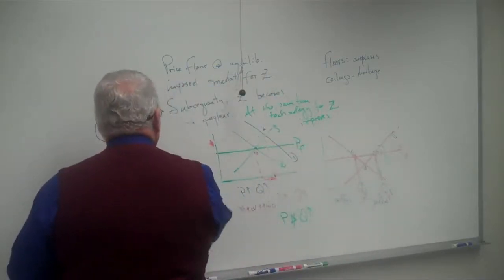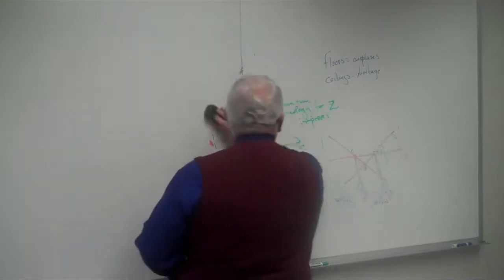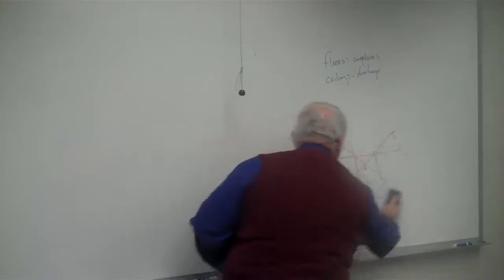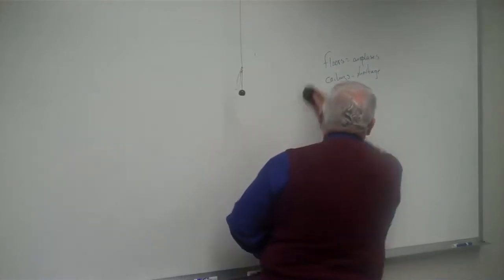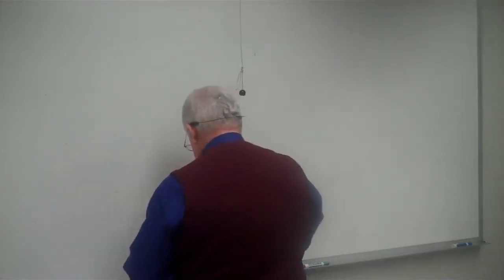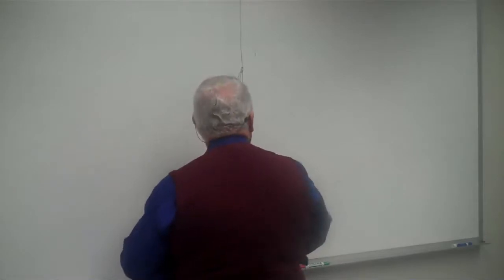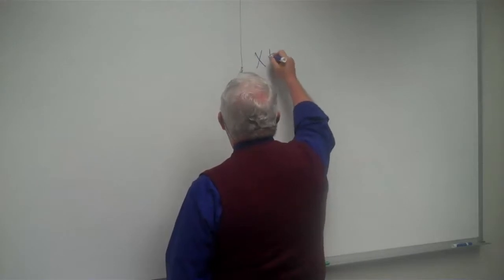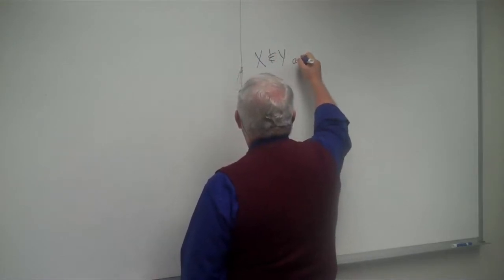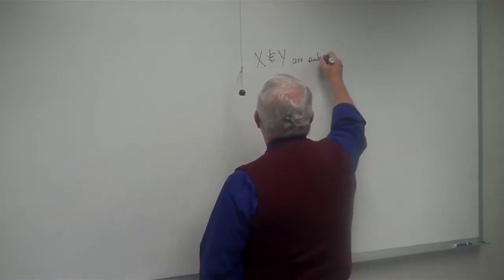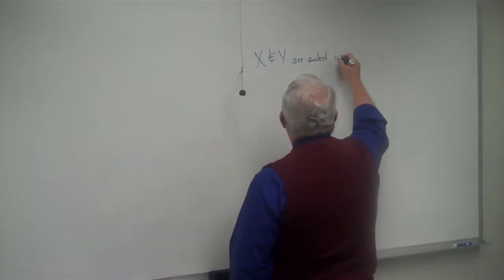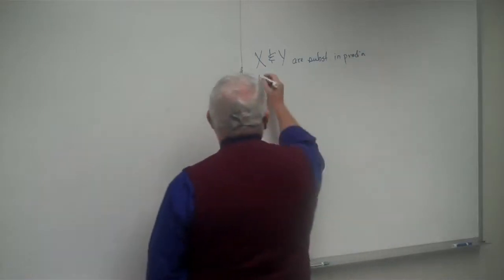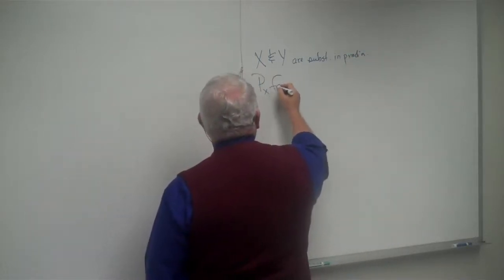Can you do another weird one like that? Let's see. X and Y are substitutes in production. The price of X falls.